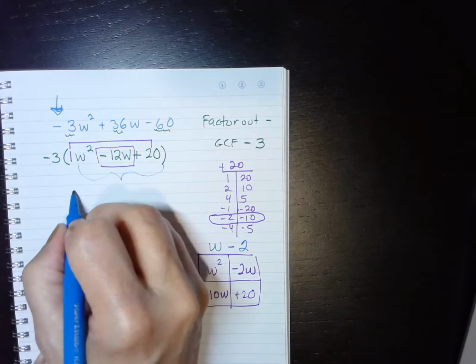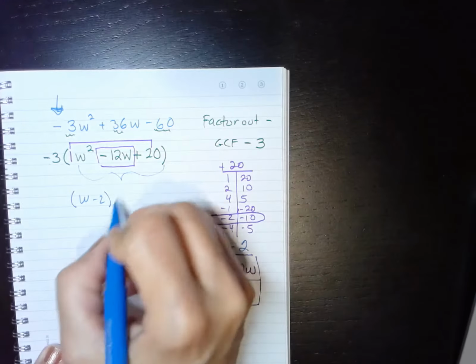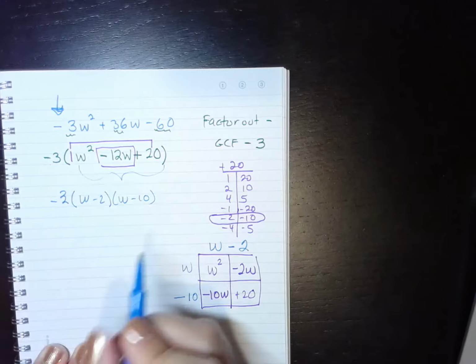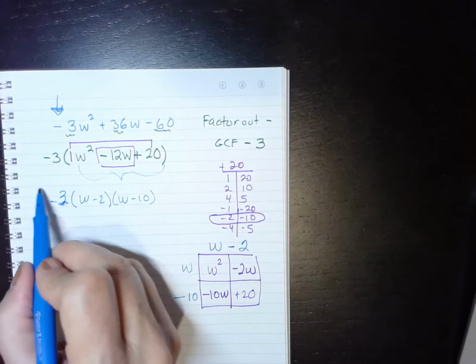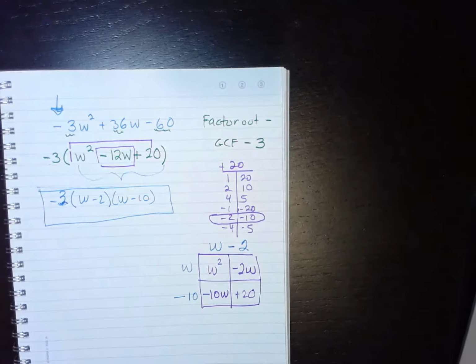So those are my factors, W minus 2 times W minus 10, and don't forget your GCF. Okay, so there is the complete factorization for -3W squared plus 36W minus 60.